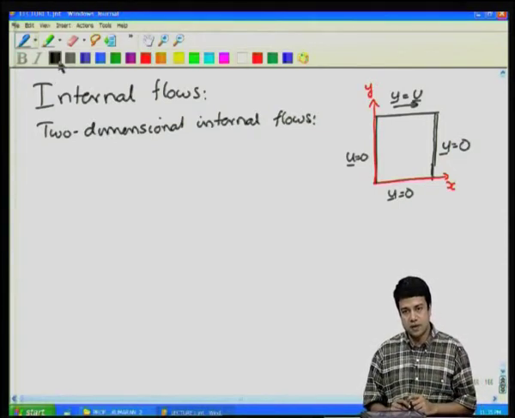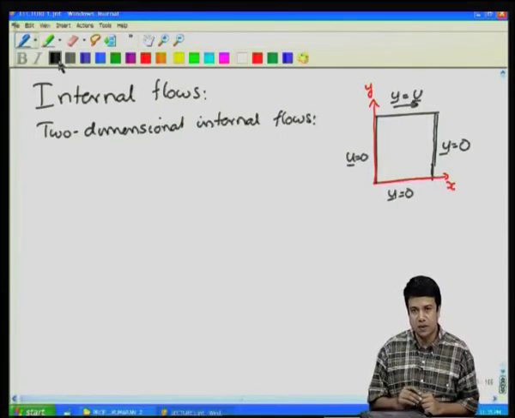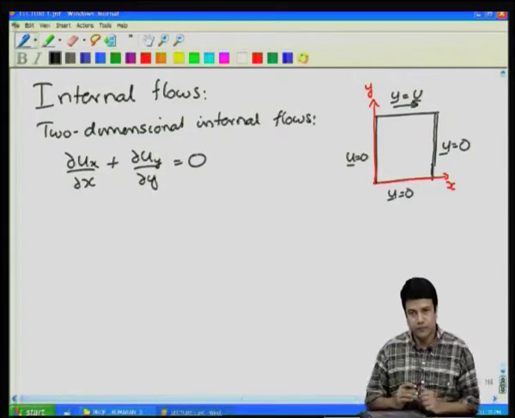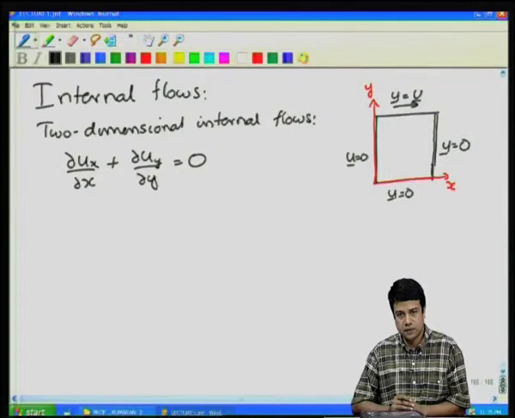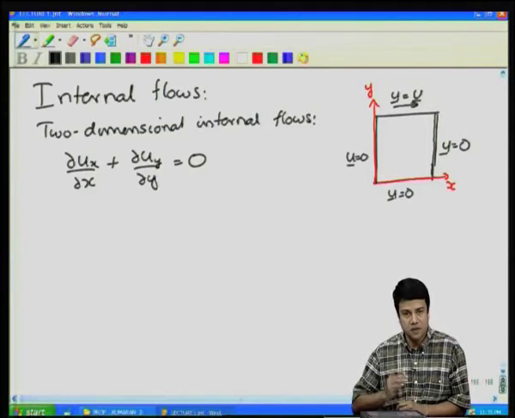The mass conservation equation for this case, working in x and y, is partial u x by partial x plus partial u y by partial y equal to 0. We had discussed when we did kinematics that because the divergence of a vector is equal to 0, that vector can always be expressed as the curl of something. This results in no major simplification in 3 dimensions, because we still have a vector whose curl we have to take.